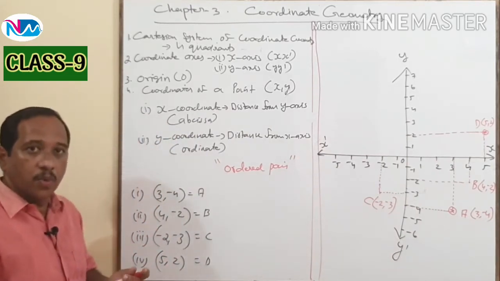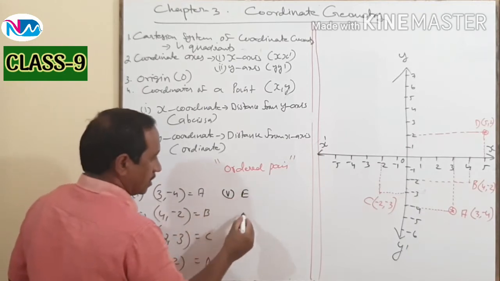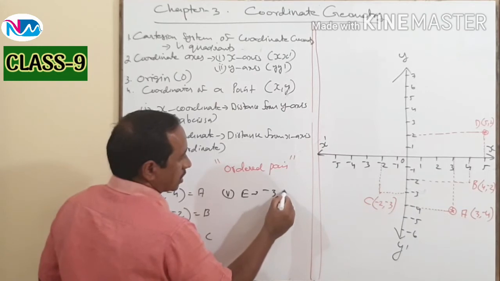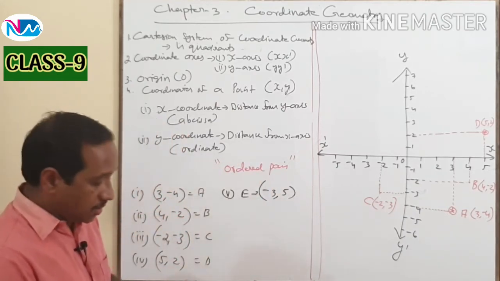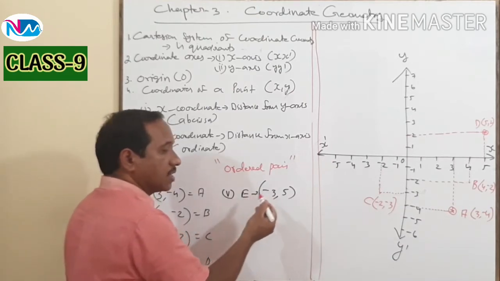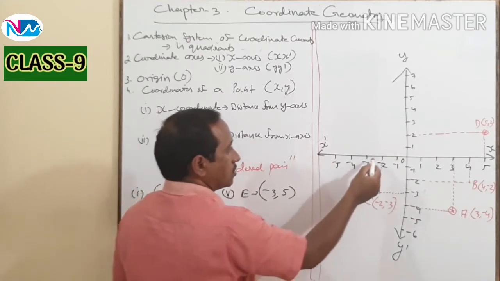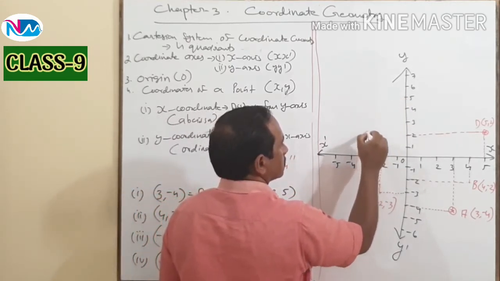I write one more point here. Point E whose x-coordinate is -3, y-coordinate is 5. Here the point E has x-coordinate -3 here, y-coordinate 5 here. So it will be like this.